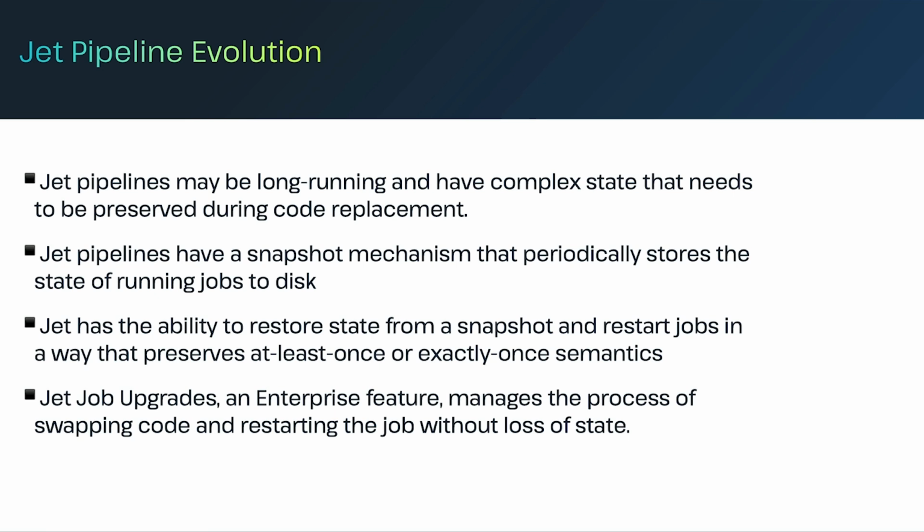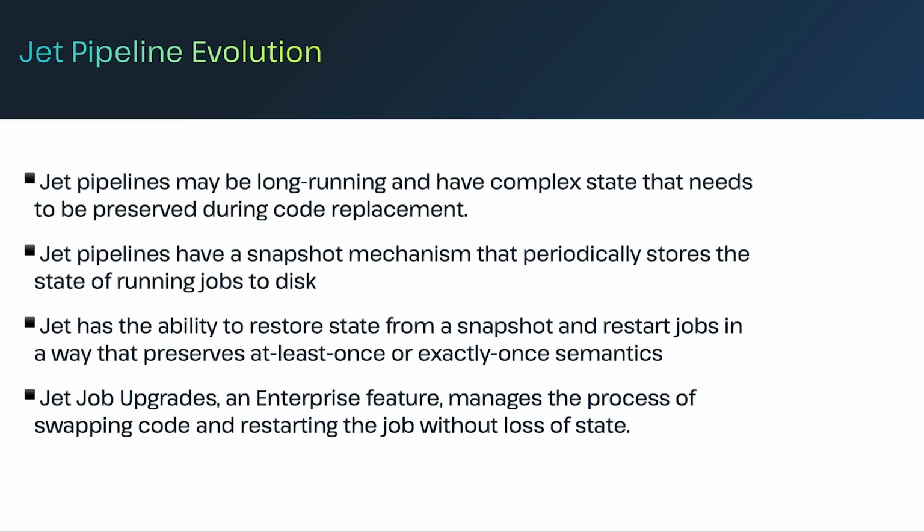Now, this isn't usually a problem for entry processors, which run quickly and typically don't retain state between invocations. For a map store, a new connection to a database is typically all that's needed, and that's easy to regenerate. Jet pipelines, however, can be long-running and stateful. They may involve windowed aggregations and require checkpointing to provide at least once or exactly once processing guarantees. So replacing code for Jet involves more than just updating the class.